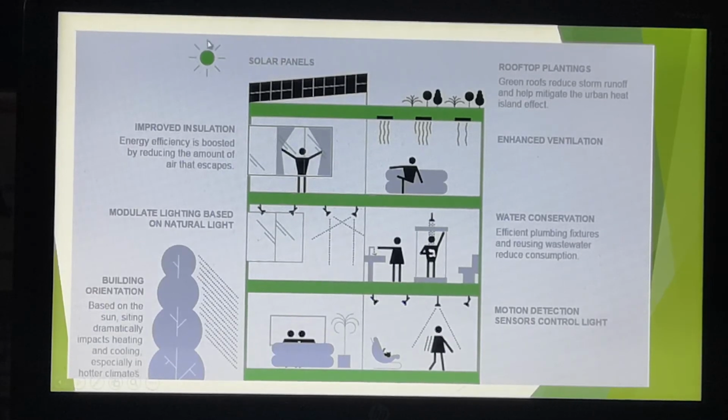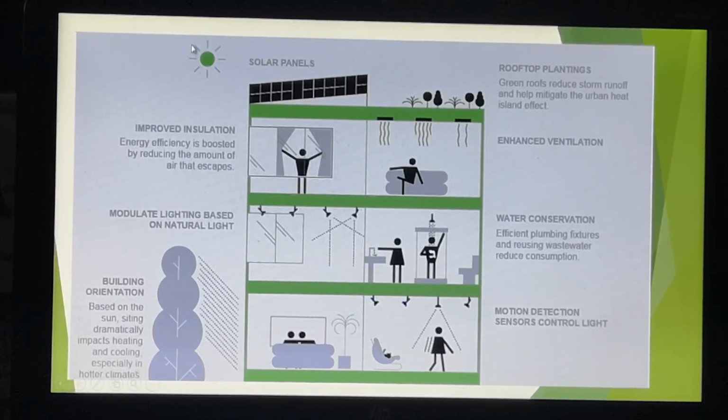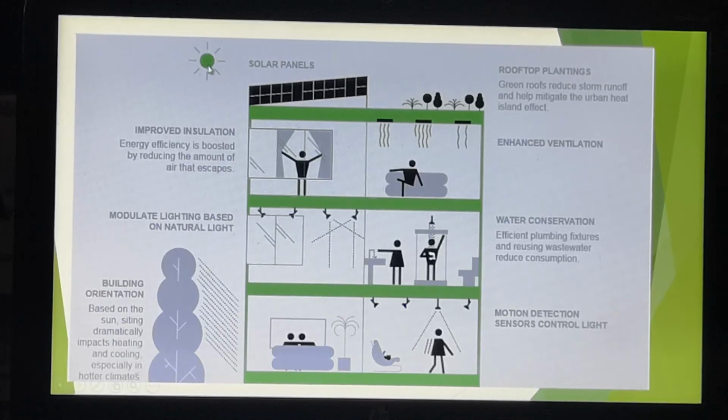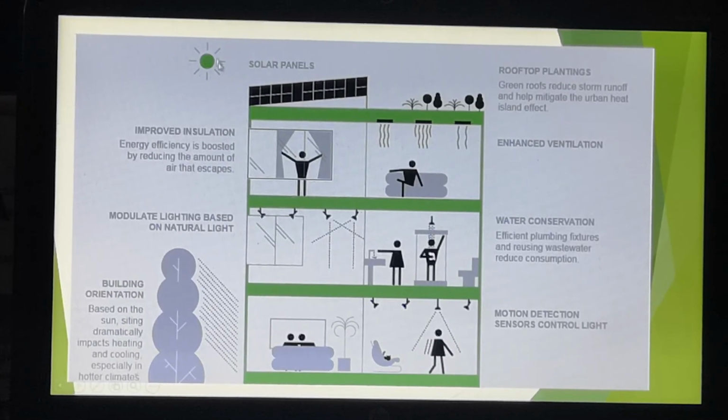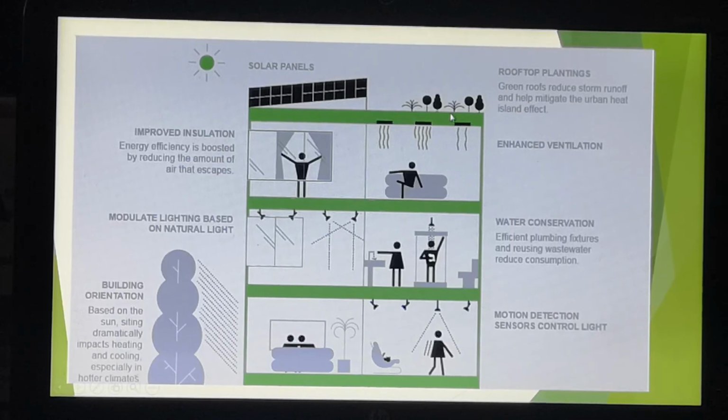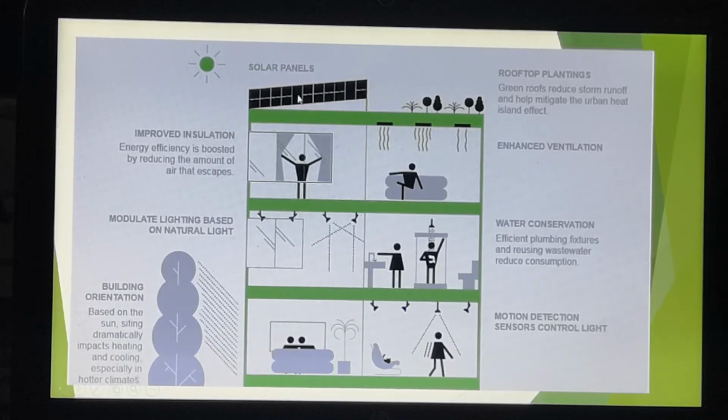So we are using a natural energy source from the sun, and converting it to electrical power for the usage of the whole building. So it's very cheap and also very environmentally friendly.